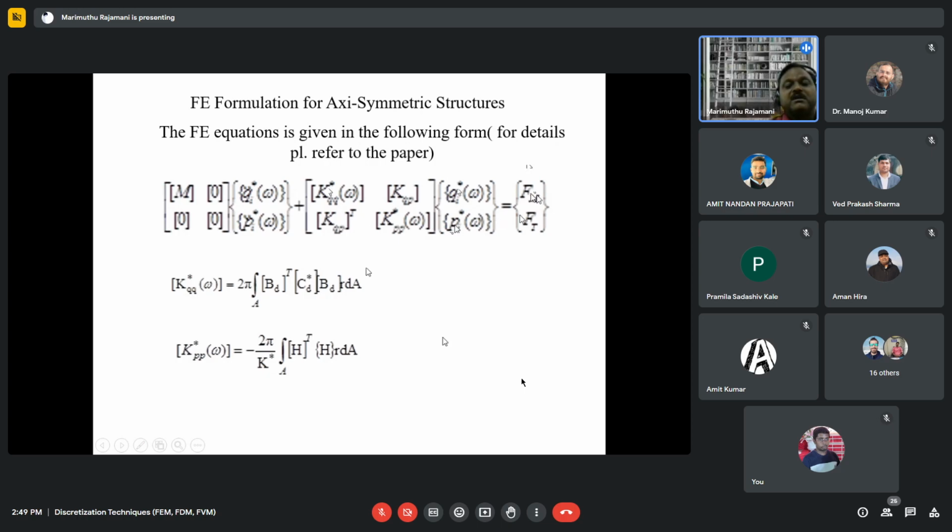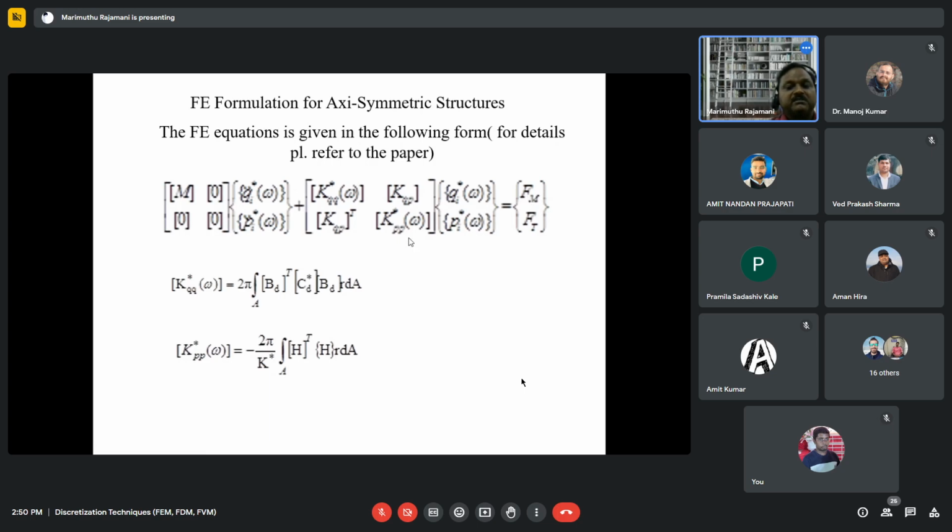Supposing the applied load is in the time domain, this is in the frequency domain, the applied load is in the time domain. So it becomes a problem.